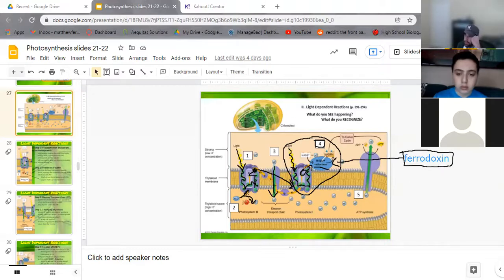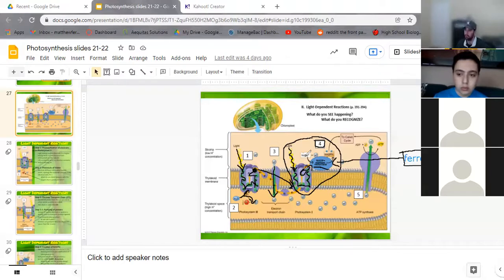So this NADP plus reductase is a wonderfully named enzyme. It's an enzyme, ase, that reduces NADP plus. And if we're reducing something, what does that mean? If something gets reduced, what does that mean about that something? Gains electrons. Exactly. So NADP plus is going to be gaining electrons, and we can see that happening here.